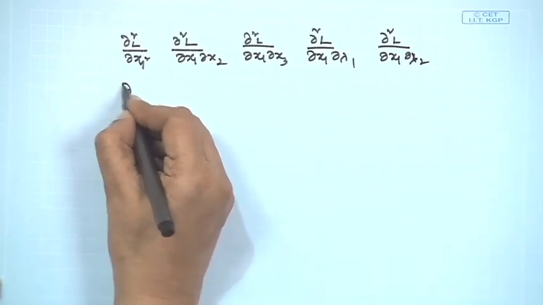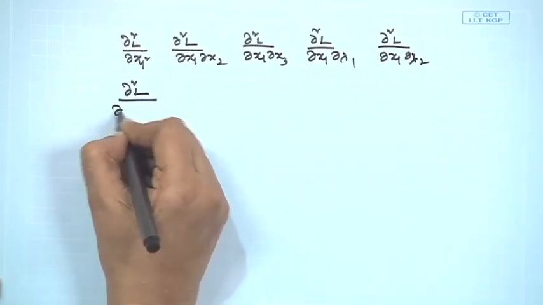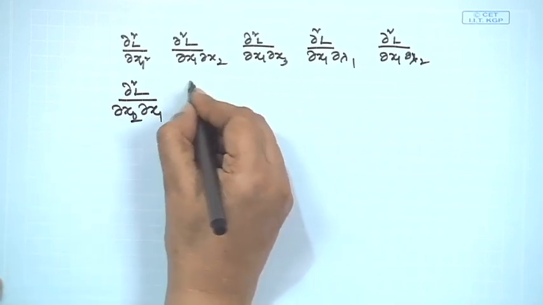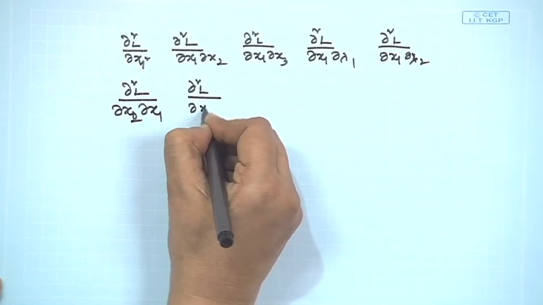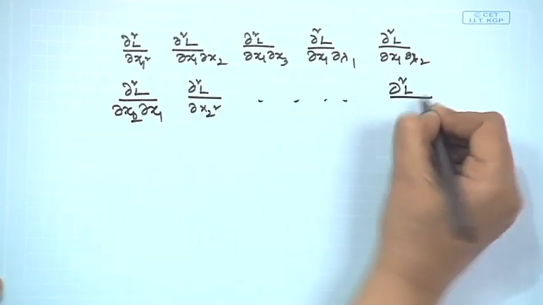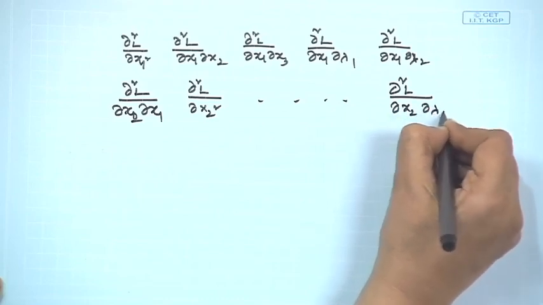Similarly, the second row would be del 2L by del x2 del x1, del 2L by del x2 square. In this way, this term would be del 2L divided by del x2 del lambda 2.